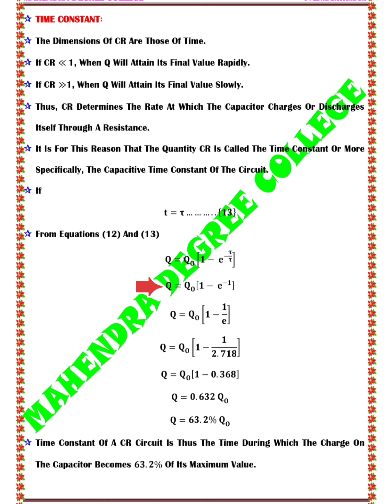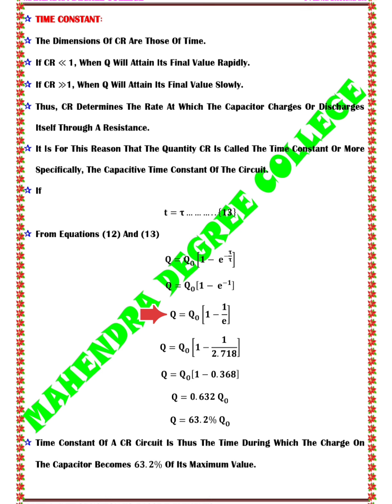We get Q equals Q naught into 1 minus e power minus 1, where e power minus 1 is a fundamental identity from exponential mathematics.